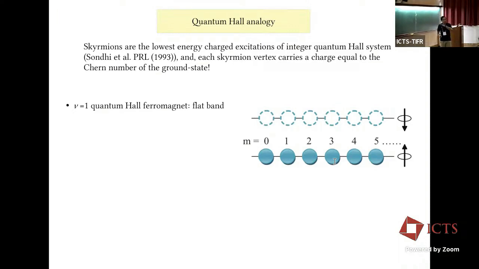If you fill half of the band, the gap between the up spin and down spin bands is not going to be just the Zeeman gap. That's tiny. This gap is because of Coulomb interaction. Okay, so this exchange interaction is multiple times larger than the Zeeman gap. So they form a quantum Hall magnet.